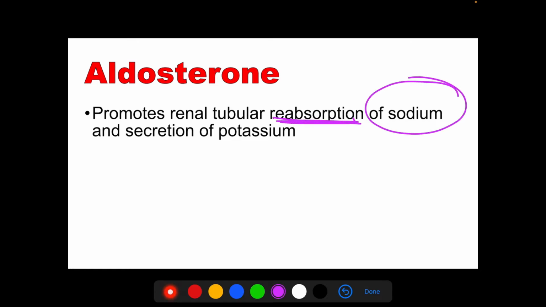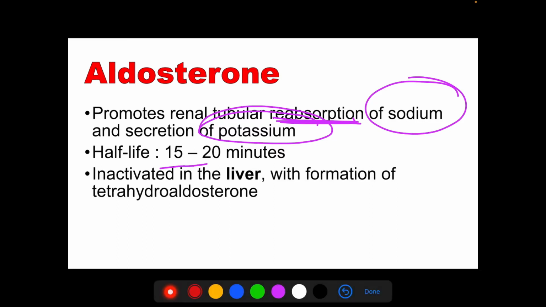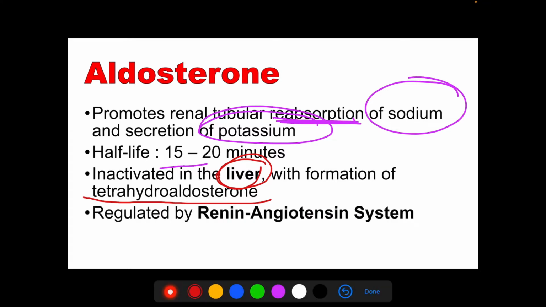Okay, sodium. And of course, the secretion or excretion of potassium. And the half-life of aldosterone is 15 to 20 minutes. And take note, it's inactivated in the liver. So once inactivated, there is a formation of tetrahydroaldosterone. And I know you are very familiar with this one.